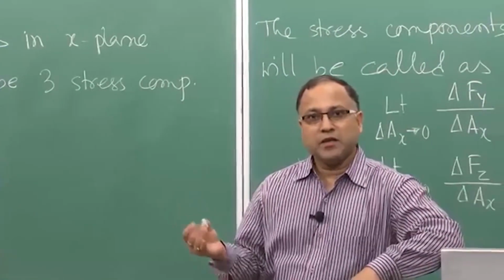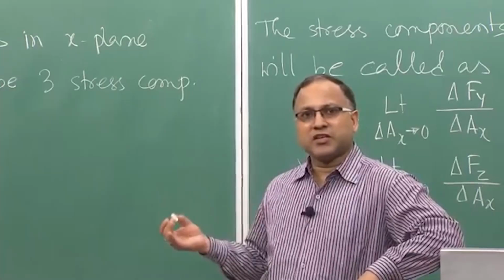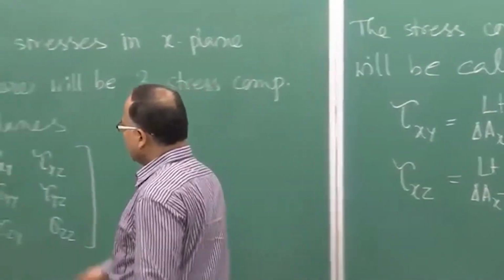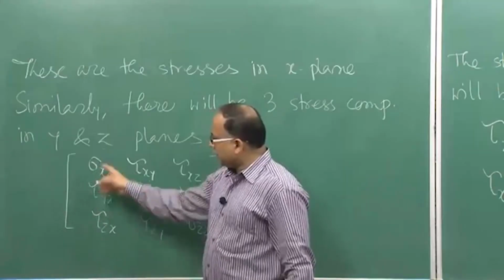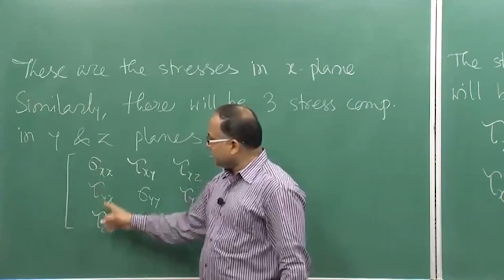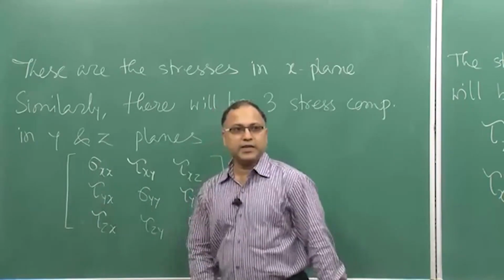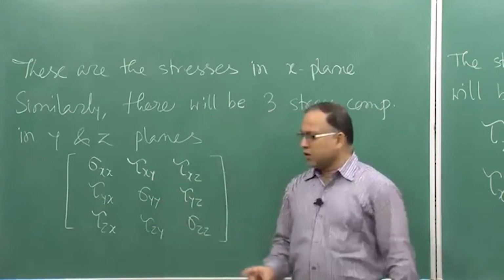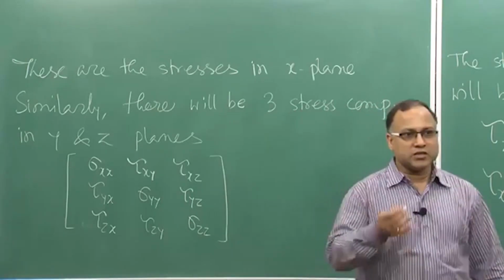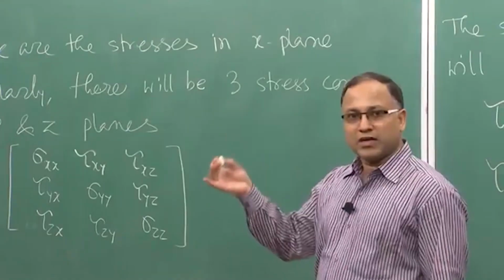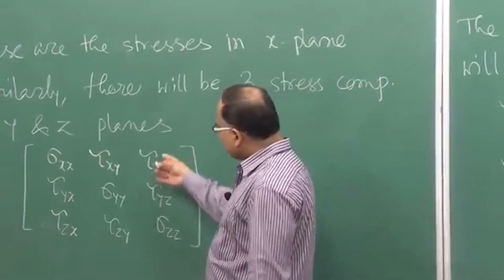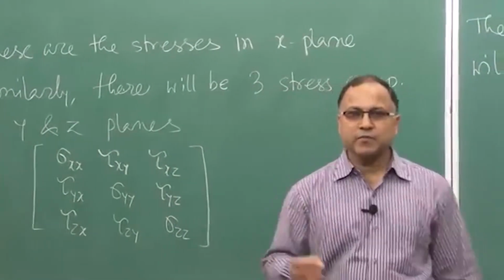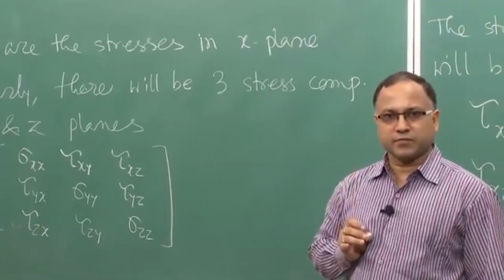On the y plane you can have x direction stress, that will be nothing but your shear stress. So, along column 1 you are getting the stress components which are acting along the x direction. Similarly, the second column will give you the stress components acting along the y direction, and likewise the third column will give you the stress components which are acting along the z direction.